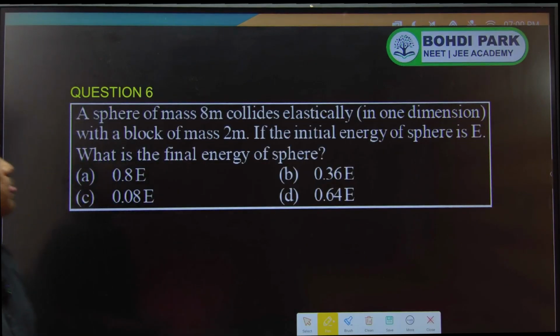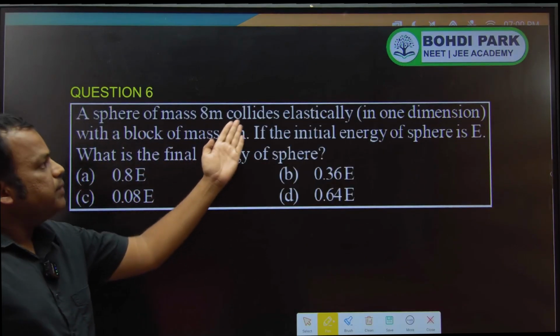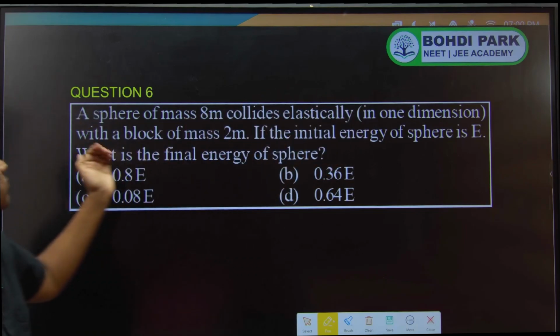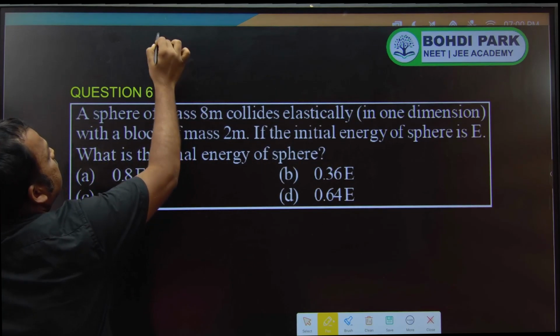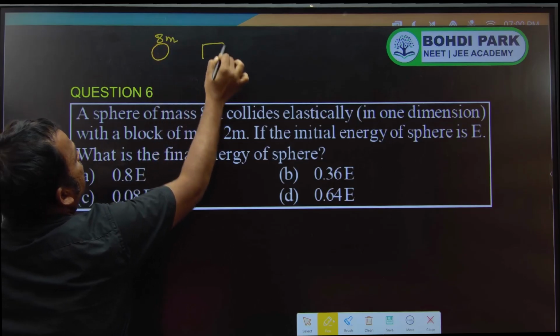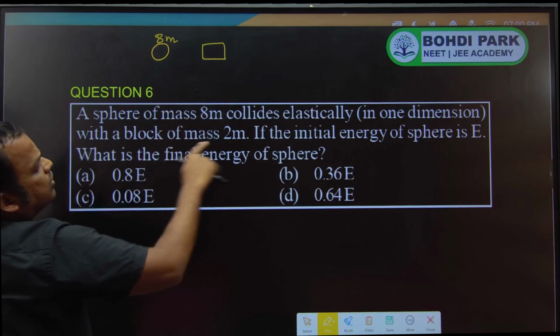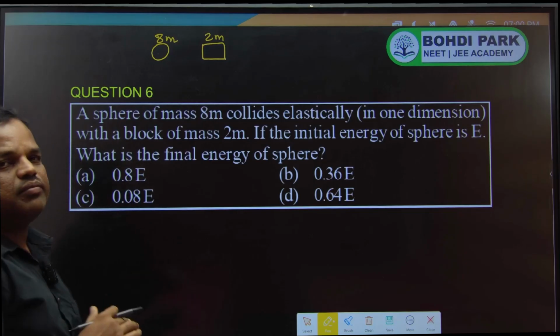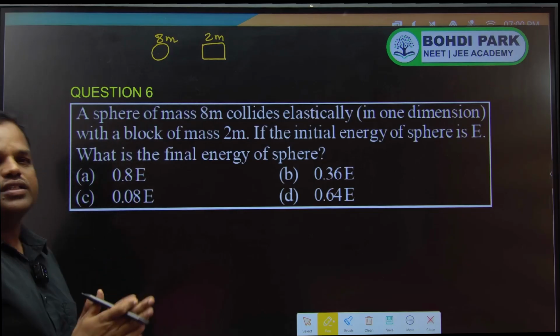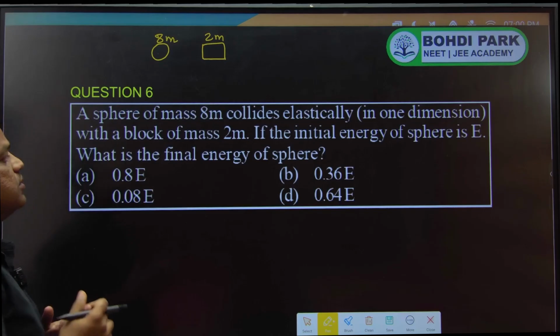Question 6. A sphere of mass 8m collides elastically with a block of mass 2m. Let's draw the diagram. So suppose this is the sphere, the mass is 8m and this is the block. The mass of the block is 2m. Elastically means the kinetic energy is also conserved, momentum is also conserved.